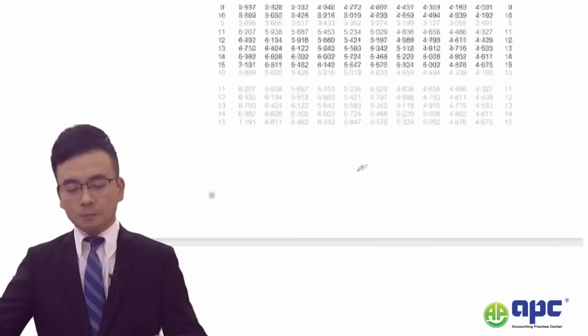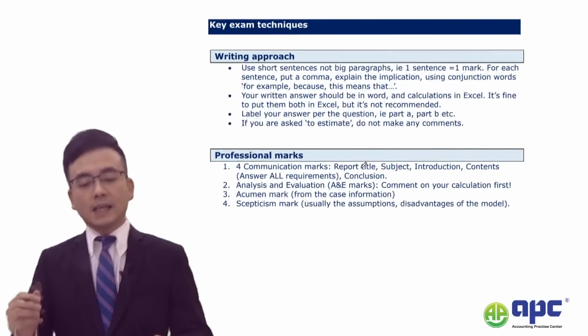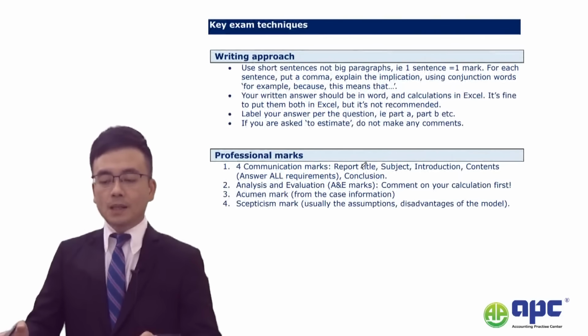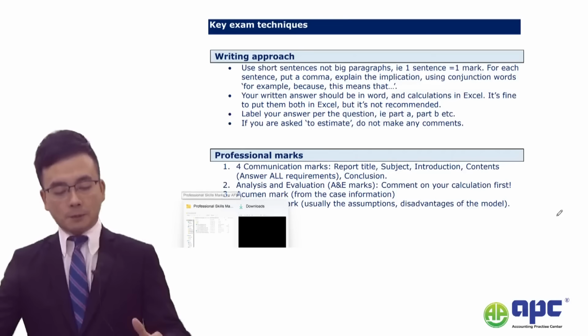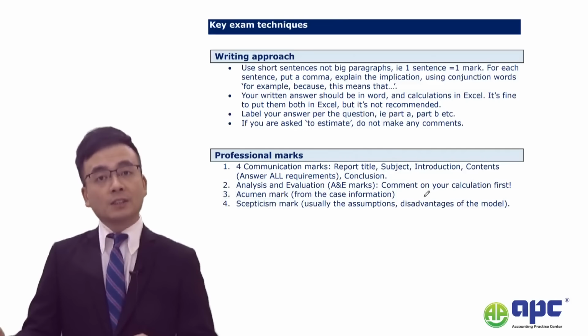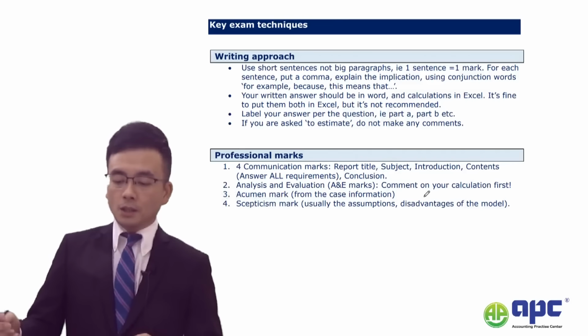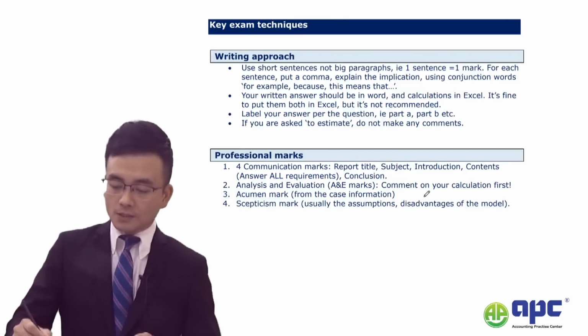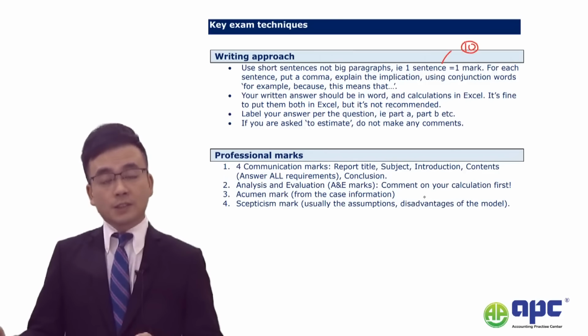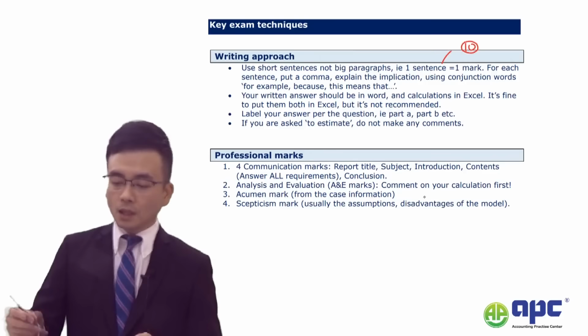Now, the key exam technique I'd like to share with you is that approximately 50% of this paper will be related to narratives. So if you're given 10 marks of narrative, we need to write some narratives.